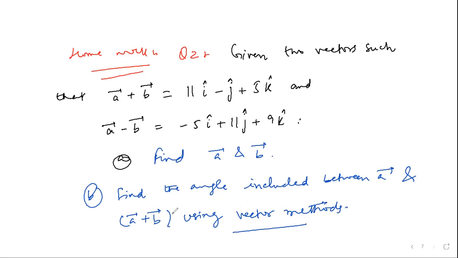I repeat the question. Given two vectors such that A plus B is 11 i cap minus j cap plus 5 k cap and A minus B is minus 5 i cap plus 11 j cap plus 9 k cap. Find A and B. Find the angle included between A and A plus B using vector methods.